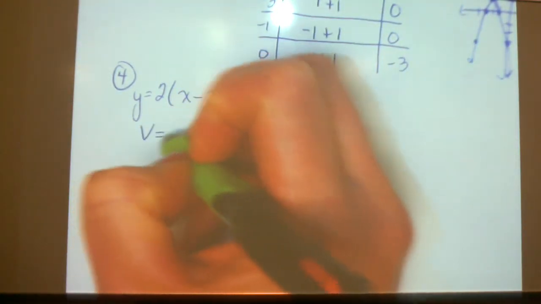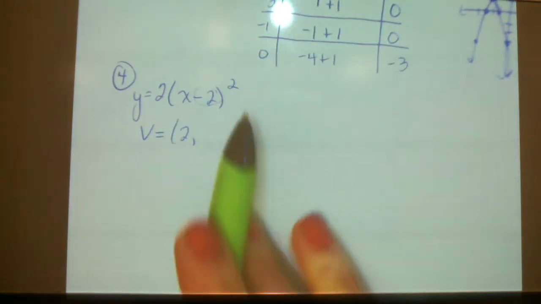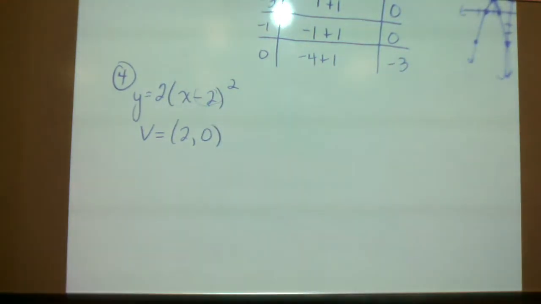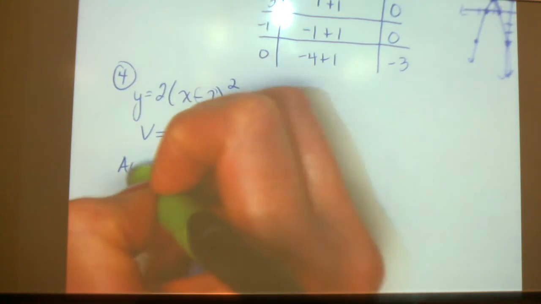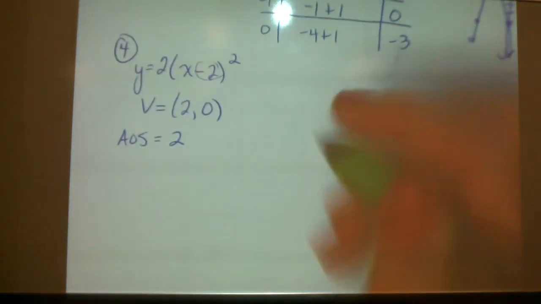My vertex, I'm going to take the opposite of what's here, so it's a positive 2. And then I don't have any plus or minus anything over here. That means the y part of the vertex is 0. My axis of symmetry is the x part of the vertex, which is 2.